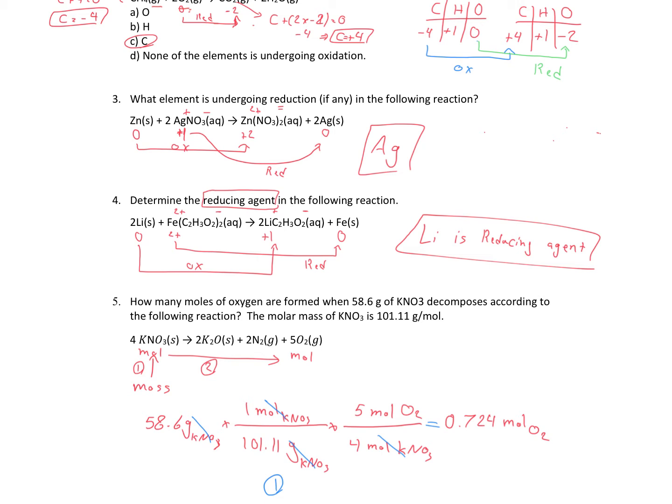Okay, so because you're donating electrons to something else, you are reducing the other element, and when I say you, I mean the element. So the element is oxidized itself. So it's reducing something else and it's oxidized itself. Okay, so a reducing agent needs to be oxidized itself. Okay, so whatever is oxidized is the reducing agent. Whatever is reduced is the oxidizing agent.